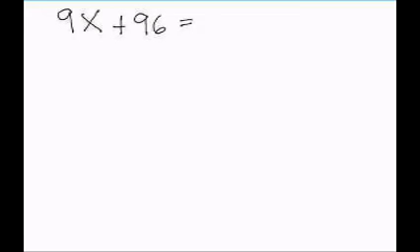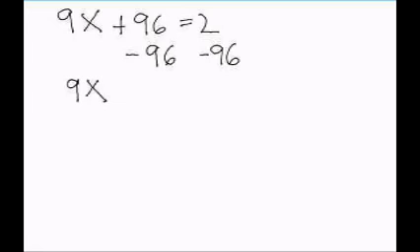I'm subtracting 96 from both sides of the equation, and I end up with 9x equal to 2 minus 96, which is negative 94.